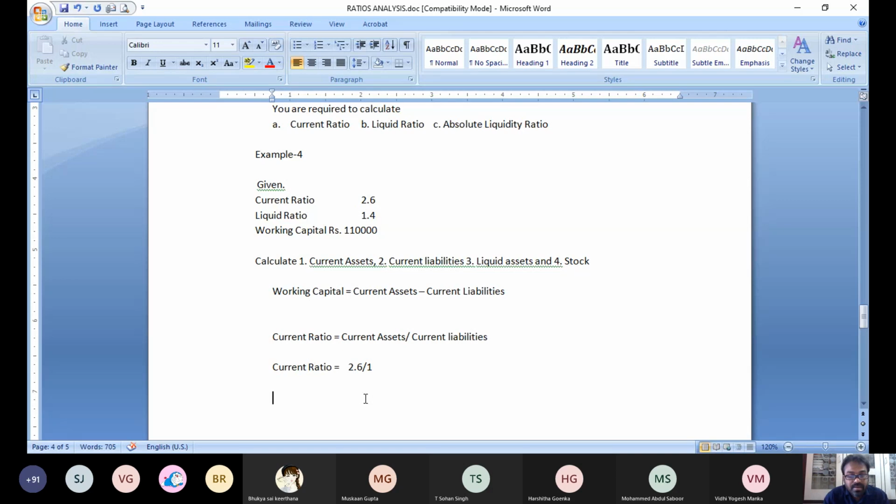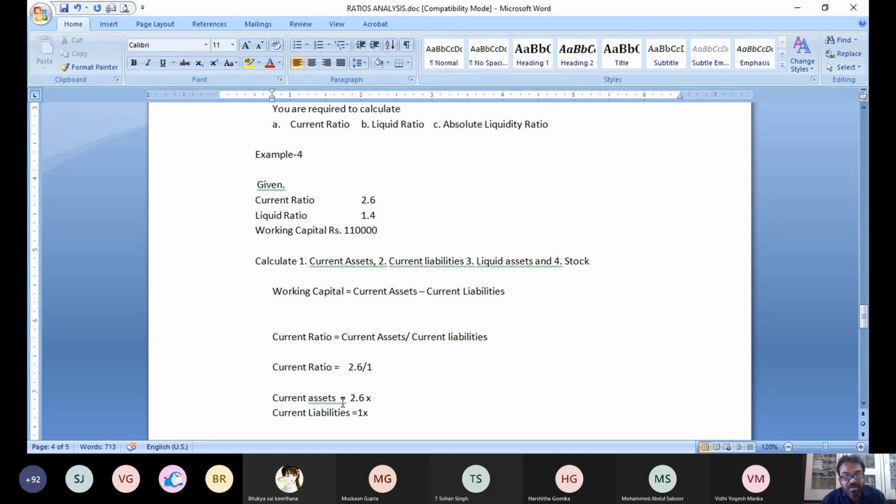I don't know how much the current assets are, or how much the current liabilities are, but I know only that the current assets are 2.6 times against one current liability.